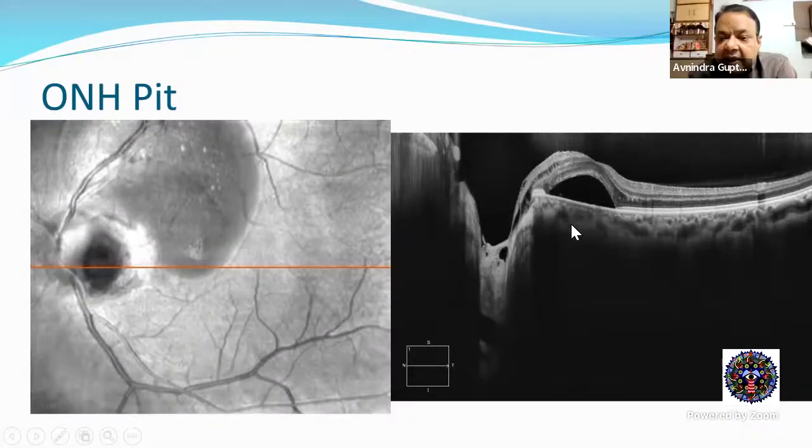This is wide angle with OCT angio. This is Swept source 6000, and this is the sclera and this is the choroid. So you can measure the thickness with the help of the calipers. This high reflective area that you're seeing is the sclera.